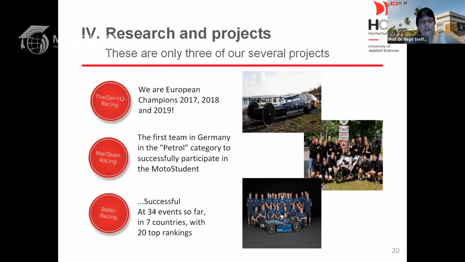Outside of our studies, you can also participate in interesting student projects, such as the Tiger H2 racing team, the Maritime racing, and the Baltic racing team. The Tiger project is our most successful student project. The students design and build a hydrogen and fuel cell-based racer.